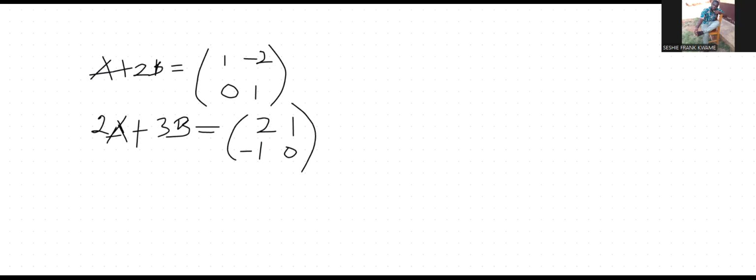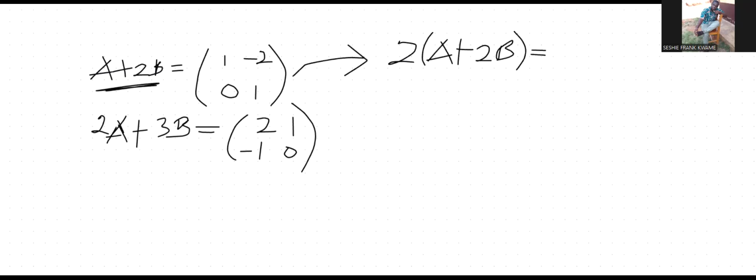So if I want to find A and B, the A should be the same variable so that I can take it off. So if I multiply everything here by 2, I'm going to have 2 into bracket A plus 2B. And that's going to be multiplying this 2 by 2. So 2 and 2, next 2 times 2 is also 4. 0 times 2 is 0. 1 times 2 is 2.